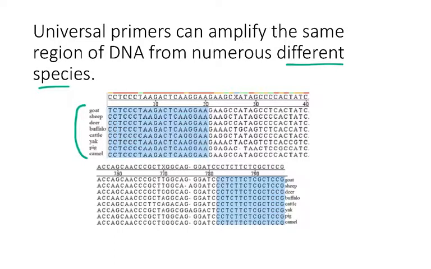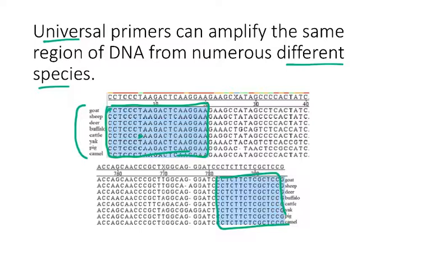And what's shown here in the blue boxes are regions where universal primers can be designed to bind to, because even though those species are very different, that particular region, the nucleotide sequence is the same. Mostly the same. I see some actual differences here, but for the most part, you can design primers that will bind to any of those species that are listed there.